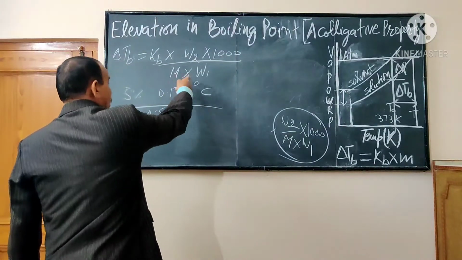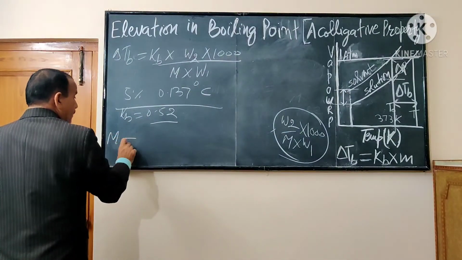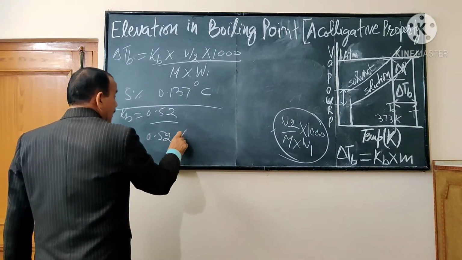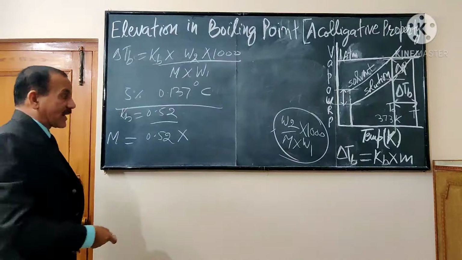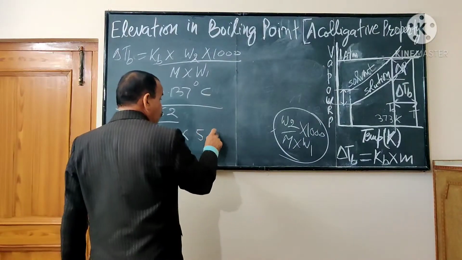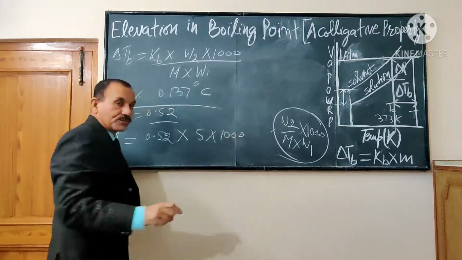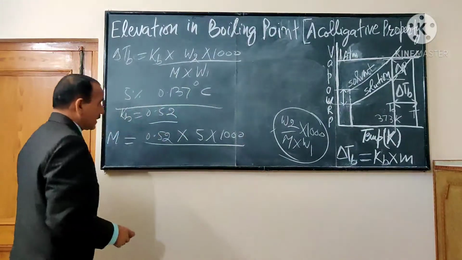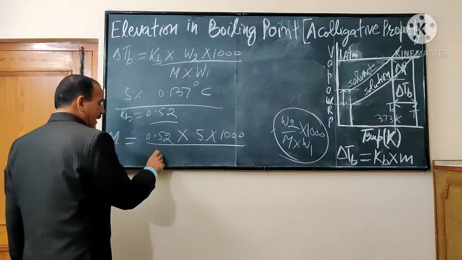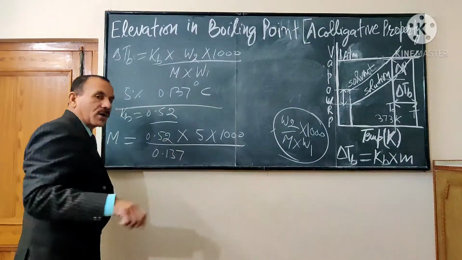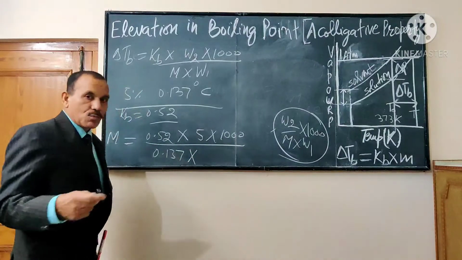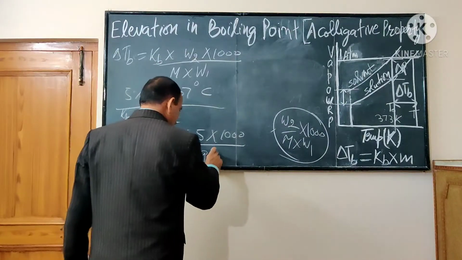That is M, the molecular mass. M is equal to Kb, 0.52, into W2. 5% means 5 gram of compound. The weight of the compound is 5 gram, and the increase in boiling point is 0.137 degrees C or Kelvin, divided by delta T, it is the difference, and W1 is 95.